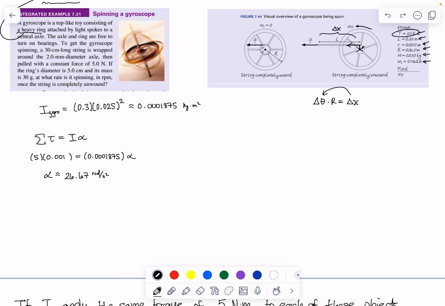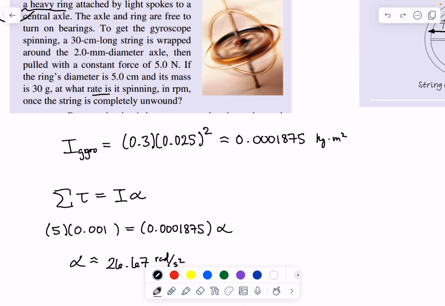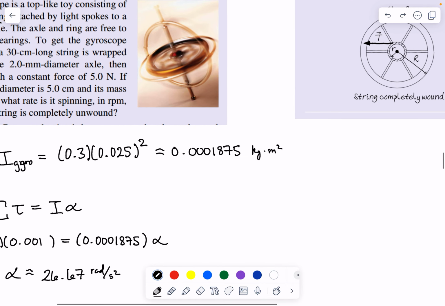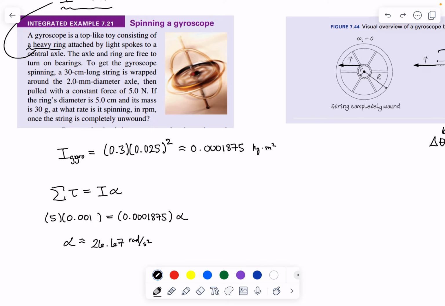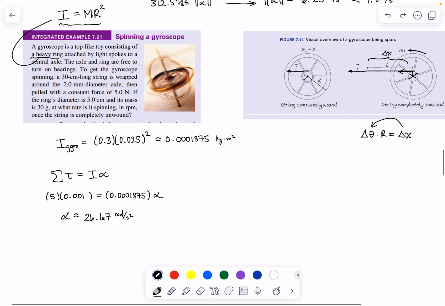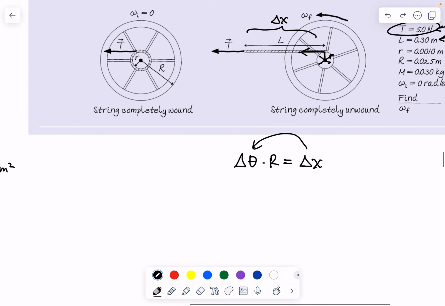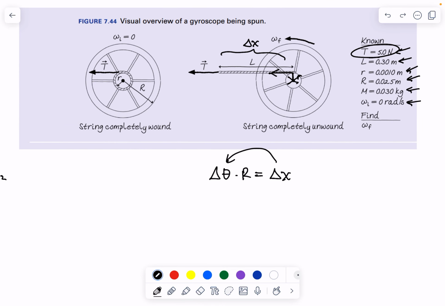Because the goal here is they want the rate at which it's spinning. We want to be in this rotational framework at the end. So let's make everything rotational, find all the rotational things, right? We want to find omega final. So this actually might be a more helpful approach. The delta x would be our L quantity, 0.3.